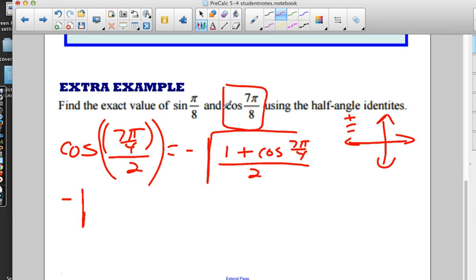So it will be negative square root of 1 plus, now we figure out what is the cosine of 7 pi over 4. Well, 7 pi over 4 is 1 3/4 pi. But this certainly reminds us that's going to be pi over 4 there, and this is a 45, 45, 90. So we've got 1, negative 1 as the coordinates on that terminal side, and then the square root of 2 for our hypotenuse.